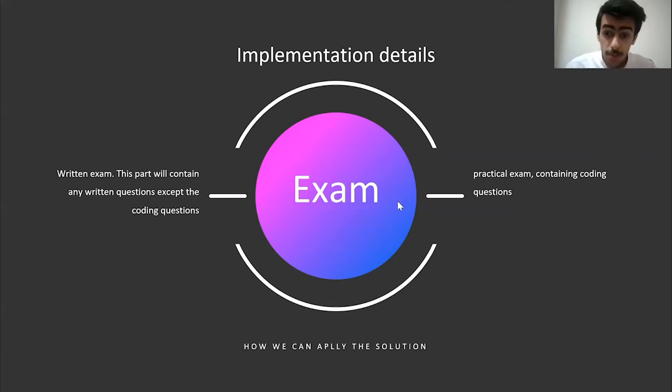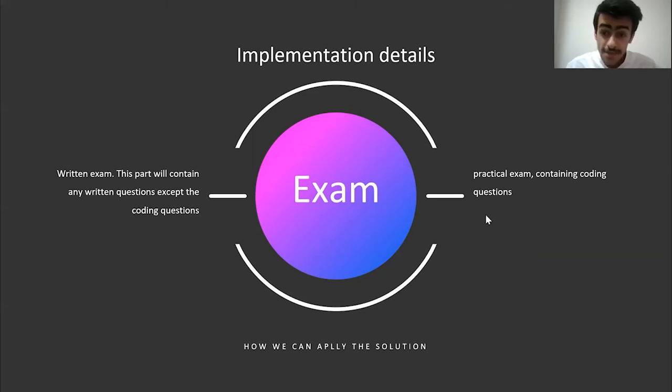Talking about the second part of the exam, which is the practical exam. This exam will contain the coding questions, such as write a whole program, convert the algorithm to code, or convert the switch statement to an if-else statement.